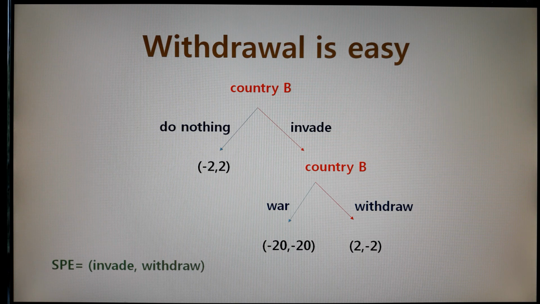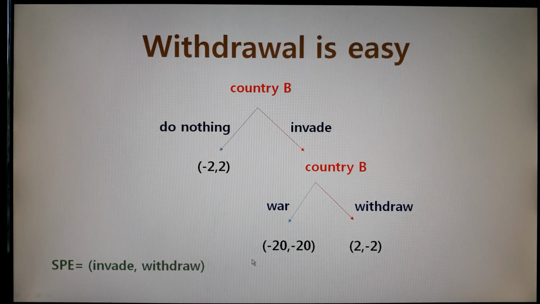But honestly, if you ask me whether I'm going to send my son to fight for that island or small area against the Chinese army or Japanese army, the probability that my son gets killed in the war is so high. That's tough. That is revealed here, -20 and -20.